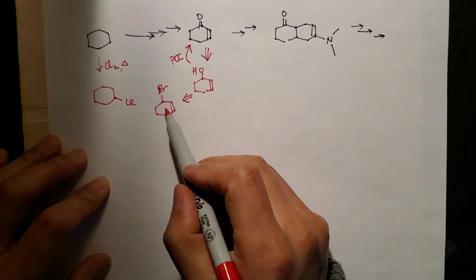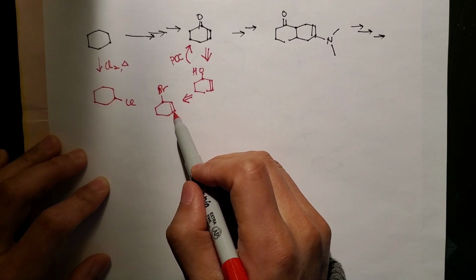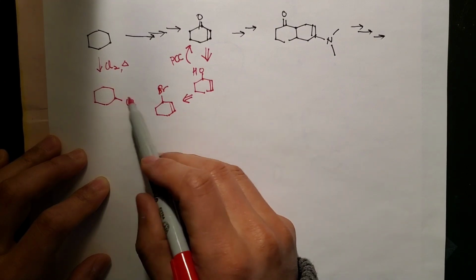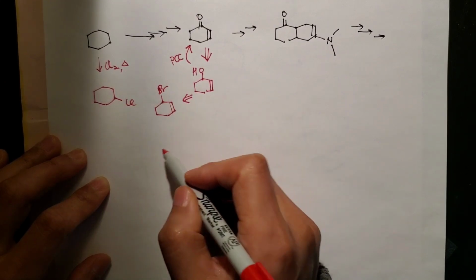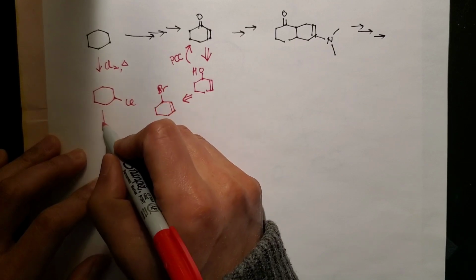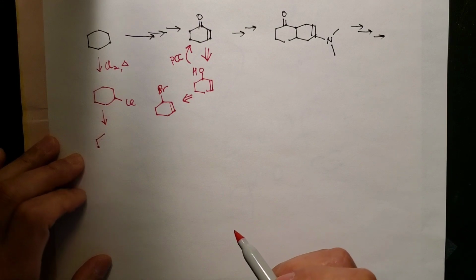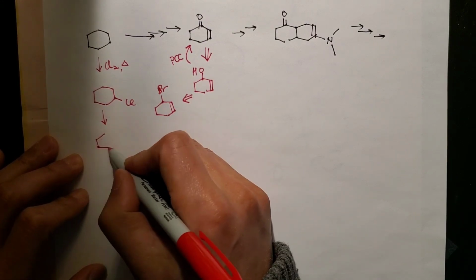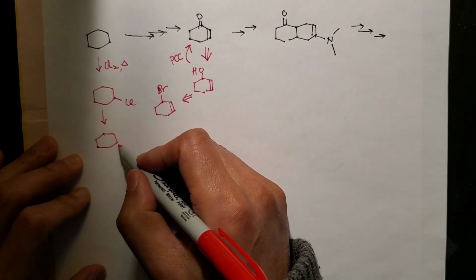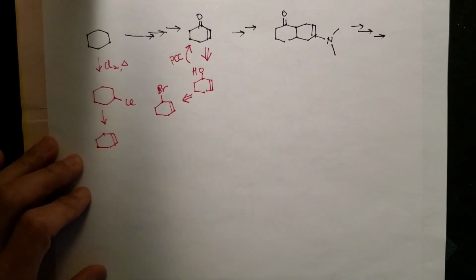Then how do you get the double bond installed? We are planning to make the double bond with the chlorine. So let's make a double bond. Do you see it well? So you do elimination.